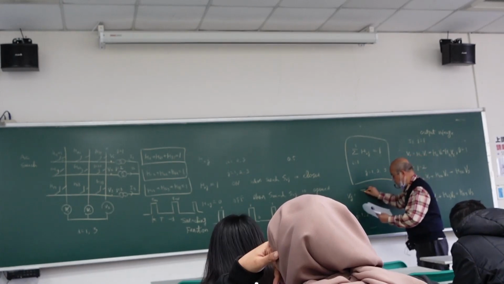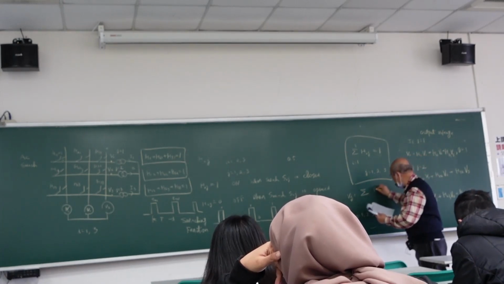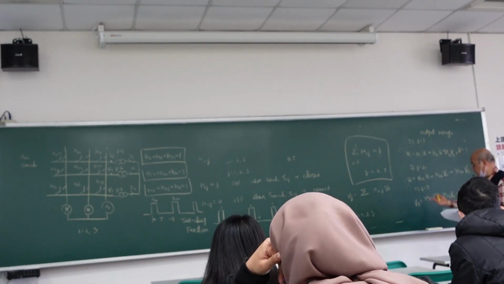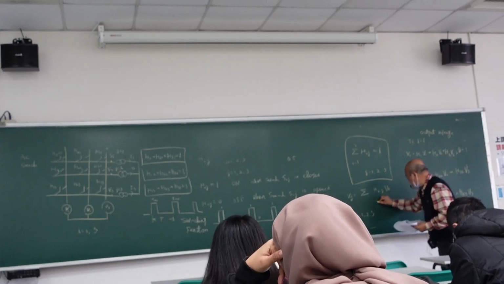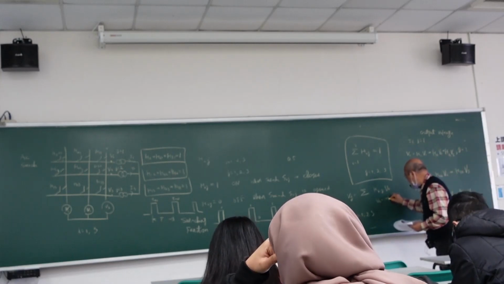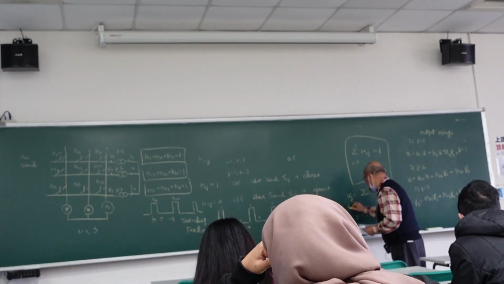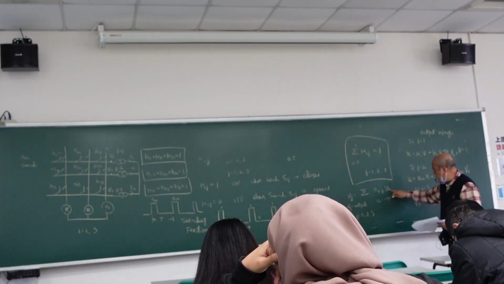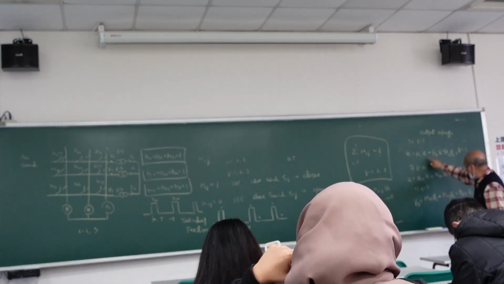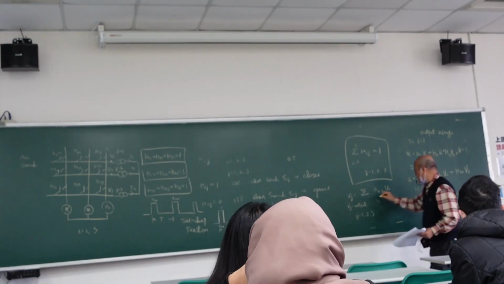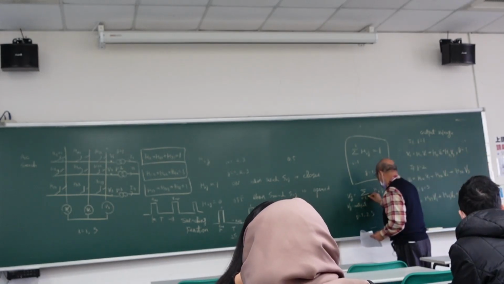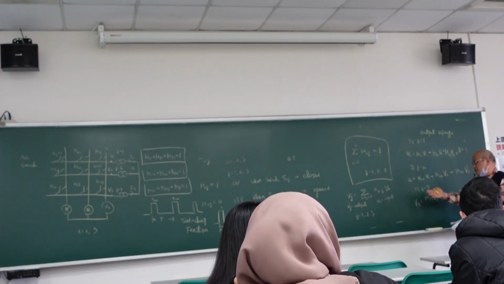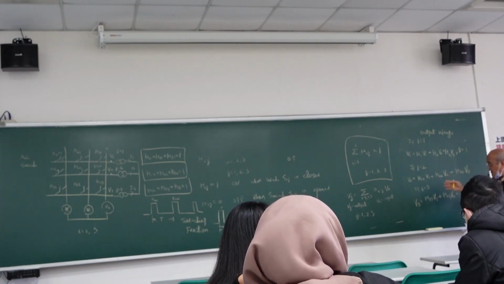Vj is summation H Kj, Vk. So Vk is input, and Vj is output. So input could be 1 or 2 or 3. So K would be 1, 2, 3. Right? And then we can say Vj is equal to Hkj Vk.